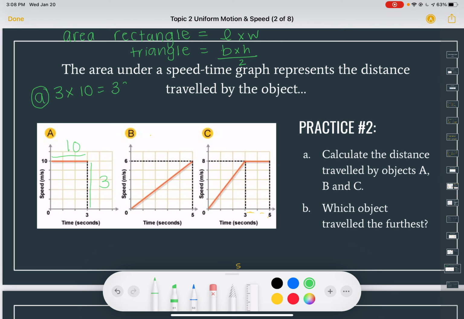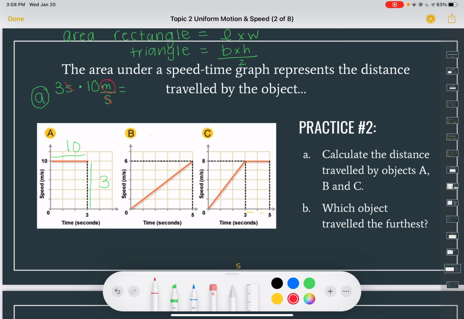And that would give us 30. Something to note here is that we need to keep our units, which I didn't do, so I'm going to redo this one. We've got 3 seconds multiplied by 10 meters per second. And notice what happens here is that because we have seconds on the top and on the bottom, they'll actually cancel out.